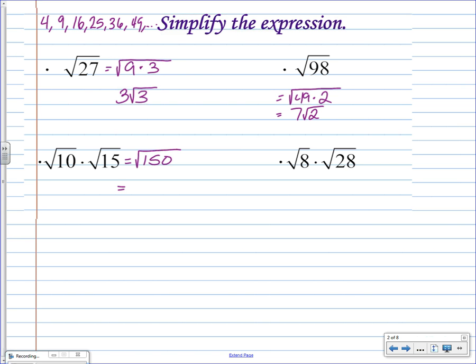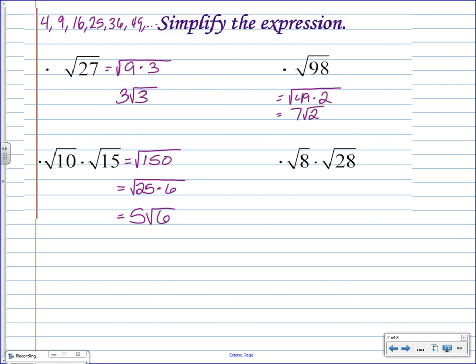Well, I happen to know that 25, there's 6 quarters in $1.50. So 25 times 6 is 150. And the square root of 25 is 5. Square root of 6: the only multiples of 6 are 2 and 3 and 1 and 6, and neither of those are perfect squares.